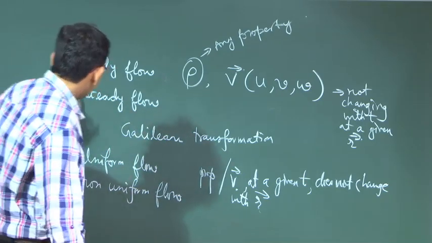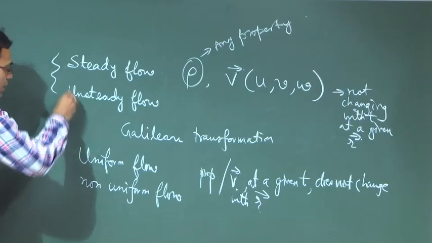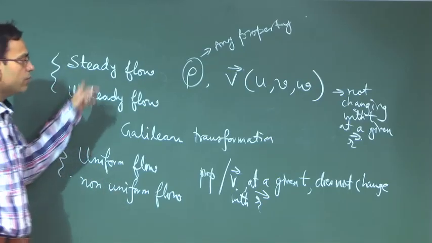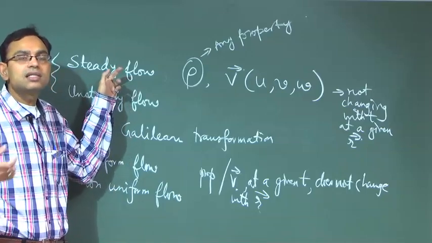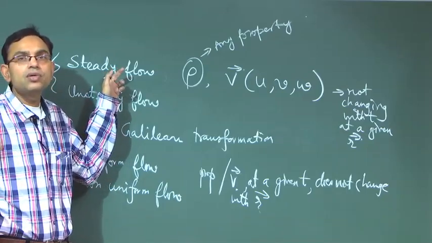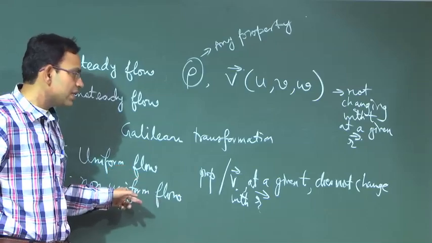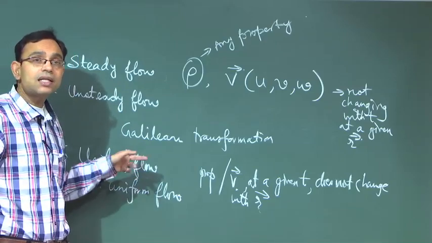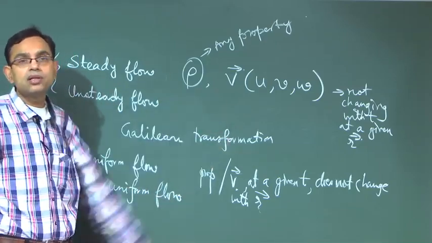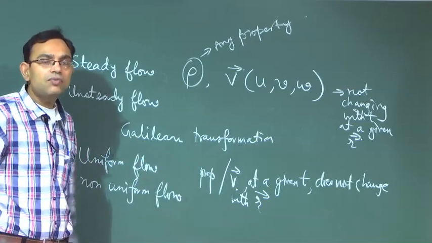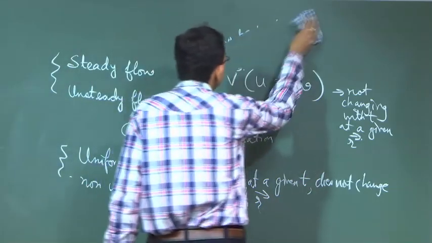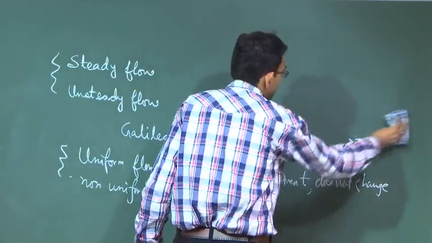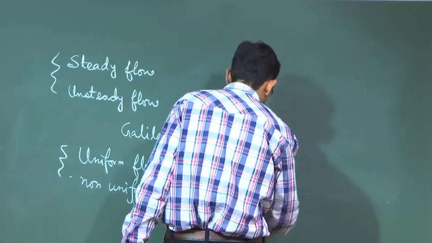So the difference between these two concepts is that here we are freezing position and trying to see what is the change at a given position with time. Here we are freezing time and trying to see what is the change from one position to the other. So this is the difference with respect to the terminology steady and uniform. So we have figured out the description of motion.